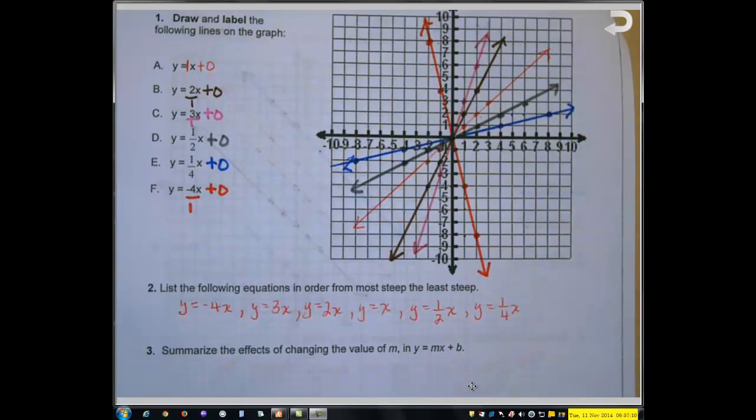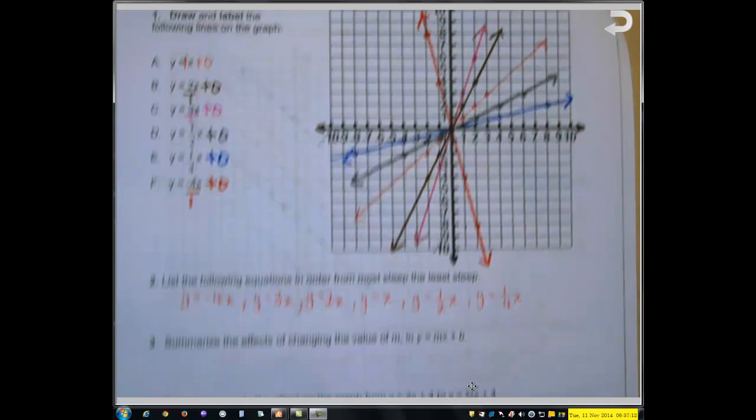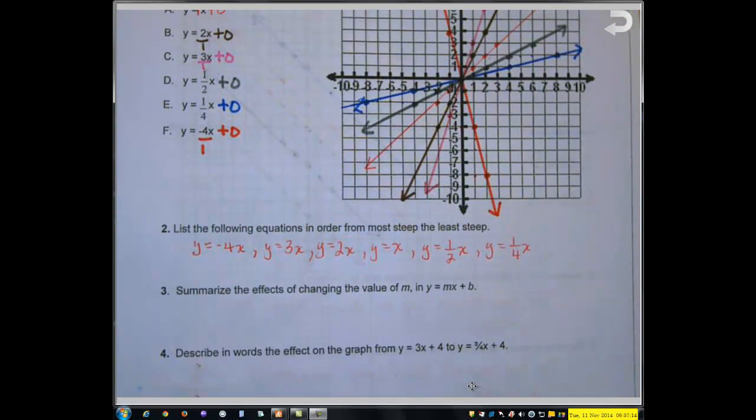So we want to summarize the effects of changing the value of m. What happens when we change the value of the slope? Pause the video and put it in your own words, and then we'll discuss the answer.